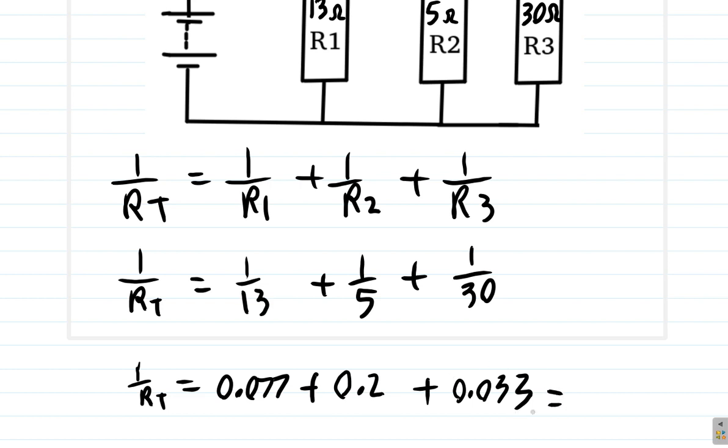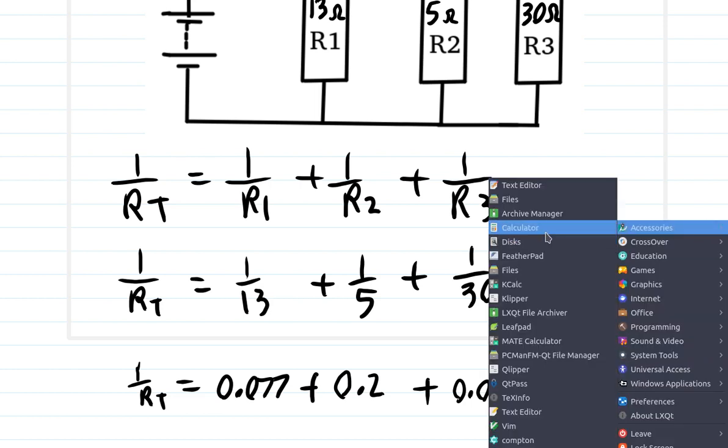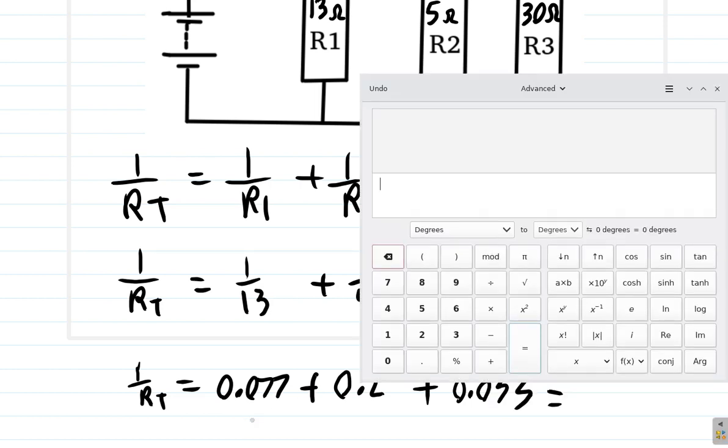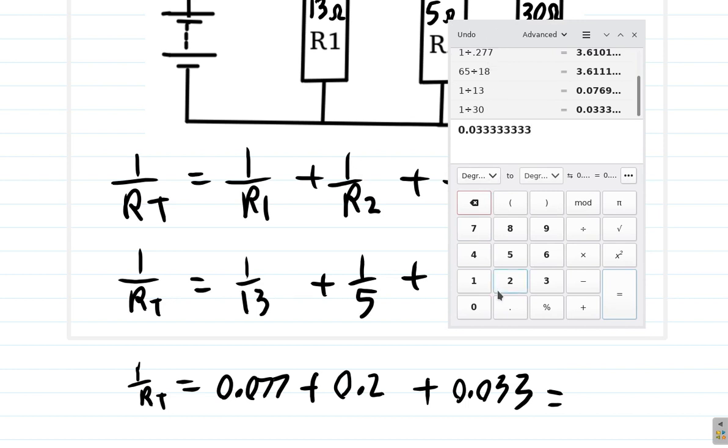So all of this will add up to, let's find out what it will add up to. We have 0.077 plus 0.2 plus 0.0333 equals 0.310.